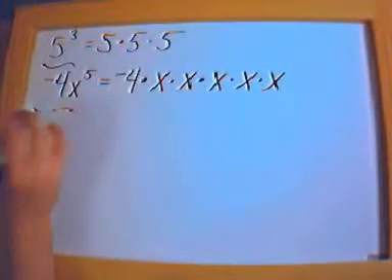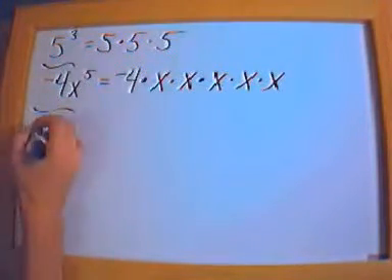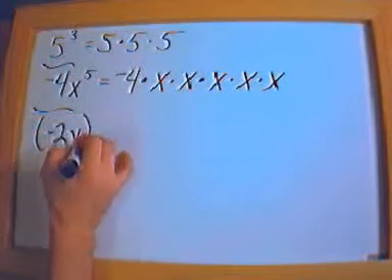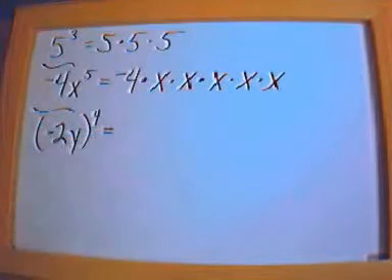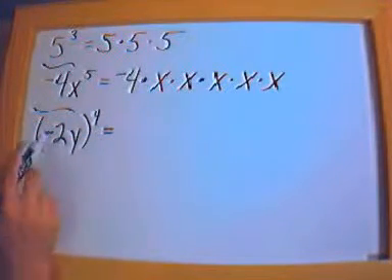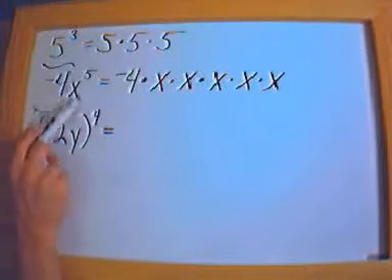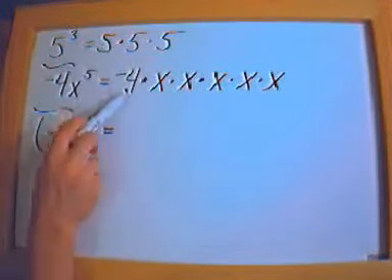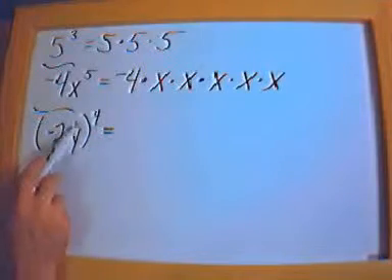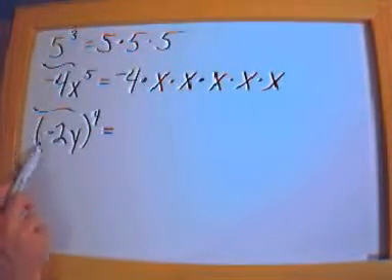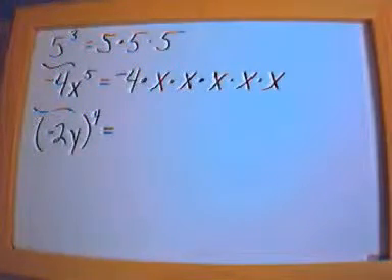Now contrast that with something that looks like negative 2y, all to the fourth. What would that look like? Well, the difference between this and this is, in this case, we were only raising the x to the fifth power, and we had the negative 4 multiplied in front. In this case, the entire contents of the parentheses, that's why we have the parentheses here, is raised to the fourth power.